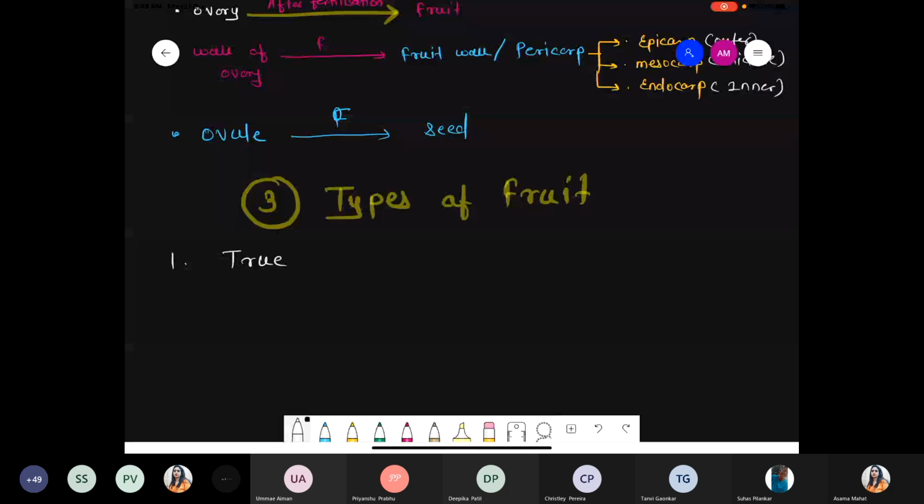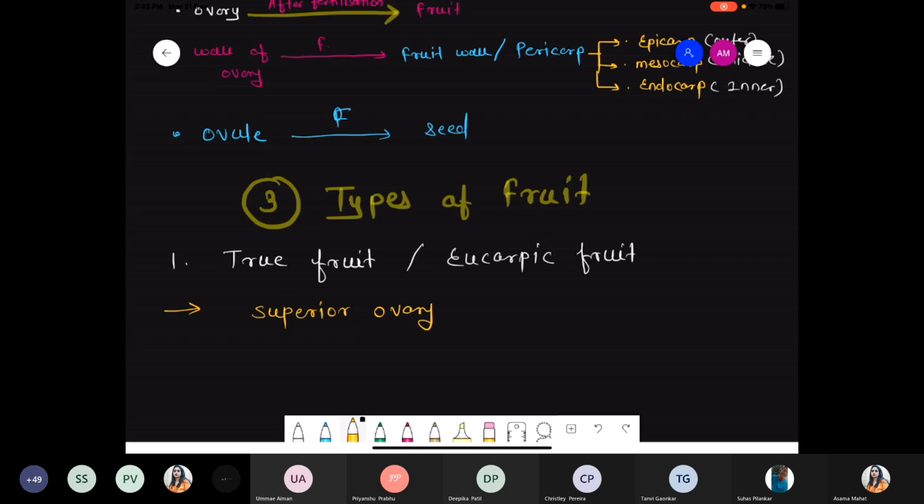The ovary pattern is basically superior, and I hope you remember when we discussed the hypogynous condition, the ovary pattern is superior, and that superior condition is represented by a symbol like capital G with a bar below the G. So this condition is simply represented for the superior ovary.